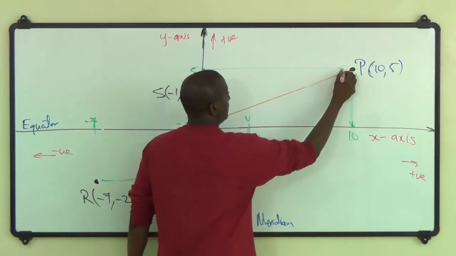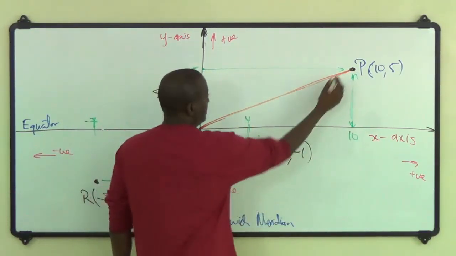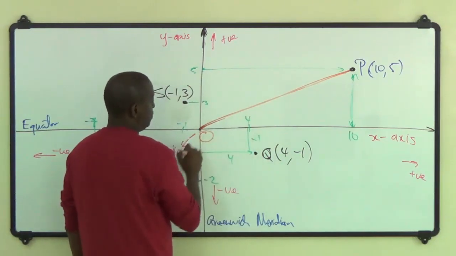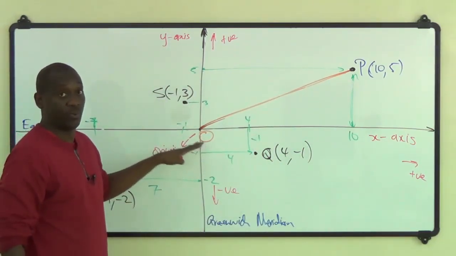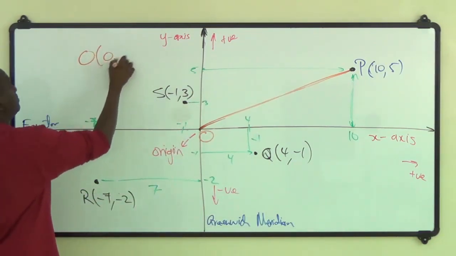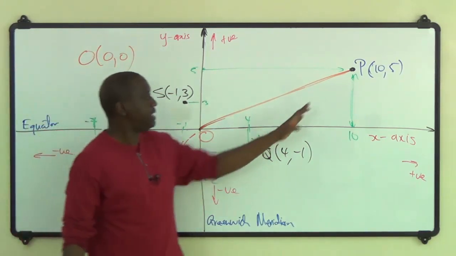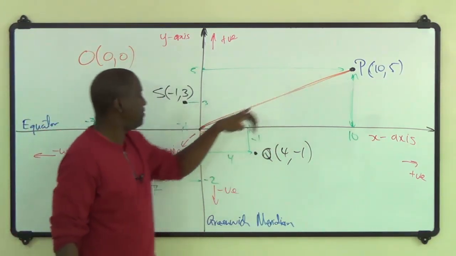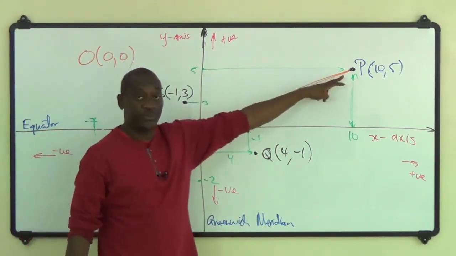Then the actual distance of P from the origin will be this line here. All right? Now we call this the point O. Yes, the origin is always denoted by the letter O, and the coordinates of O, just to be sure, are (0, 0). So the actual distance of P from O is the length of the hypotenuse.